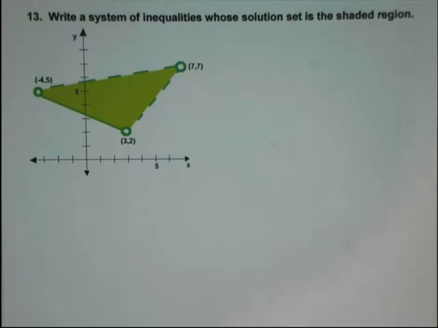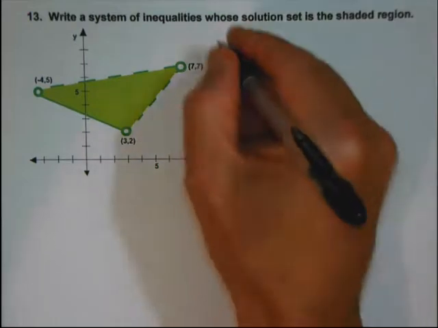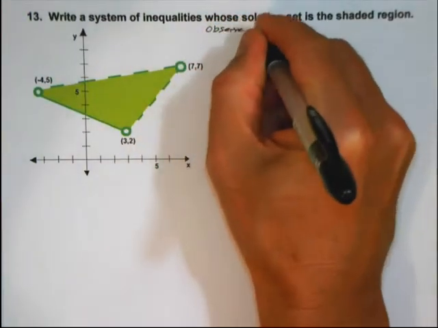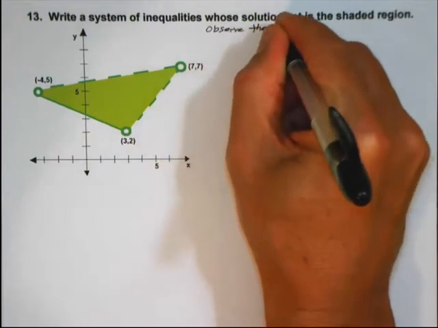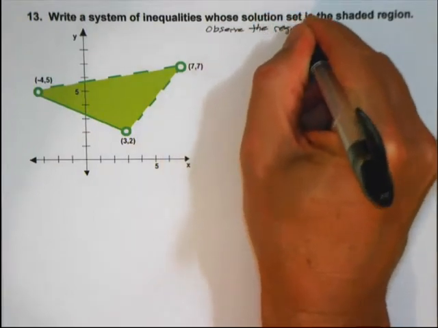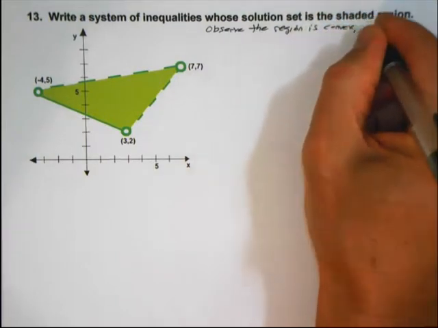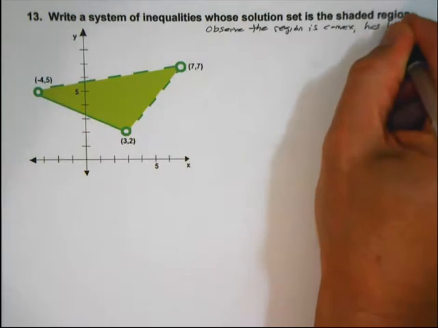Exercise 13. Write a system of inequalities whose solution set is the shaded region. Okay, this shaded region, what about it? It is convex. It has linear boundaries, right? So observe the region is convex and has linear boundaries.